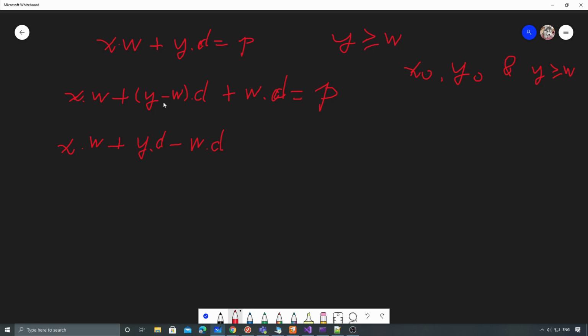Basically, I'm rewriting this formula into this one. I'm just adding this minus wd and plus wd here, so that we can have something like this. So in the end, if we rewrite this a little bit, we have x plus d, and then dot w plus y minus w times d, equals to p.